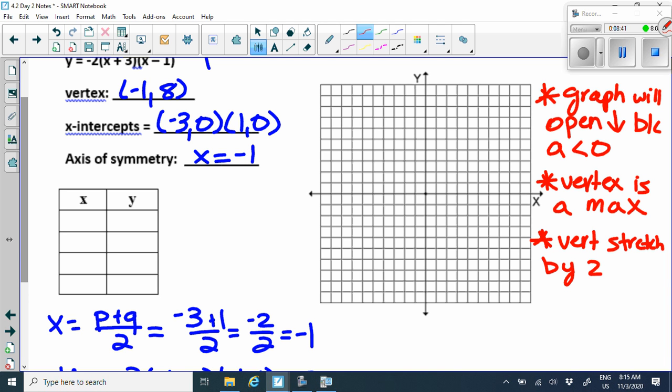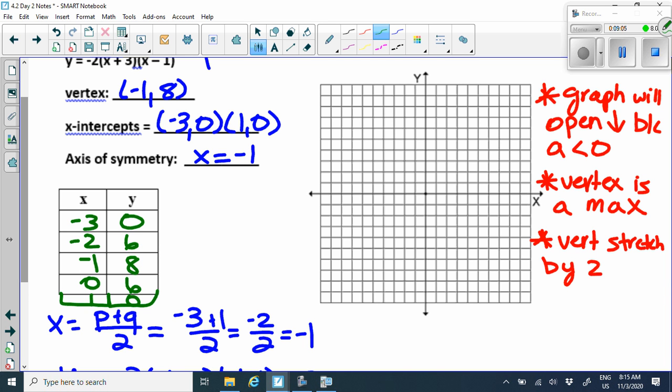Okay, now we're going to go ahead and do our xy table. So we have negative 1, 8, and some numbers smaller like negative 2, negative 3, and we have 0 and 1. I would plug 0 and 1 in, so we get 6. We know 1 is an x-intercept, so that's definitely going to be 0. Negative 3 is an x-intercept. We get negative 2 as 6, okay?